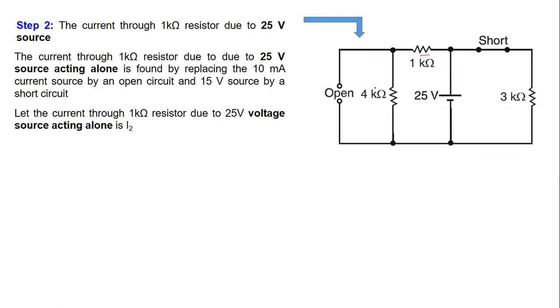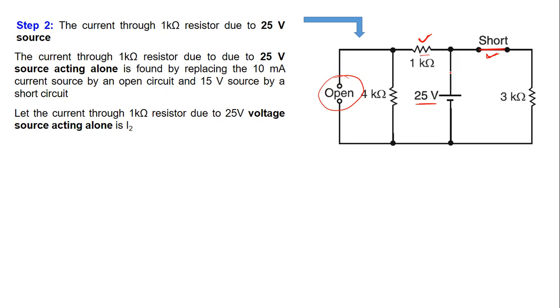As per the superposition theorem, we keep one source activated, that is 25 volt, and we deactivate the 15 volt source by short circuiting it and the 10 milliampere source by opening its branch. Now we have the 25 volt source and we have to calculate the current through this resistance.